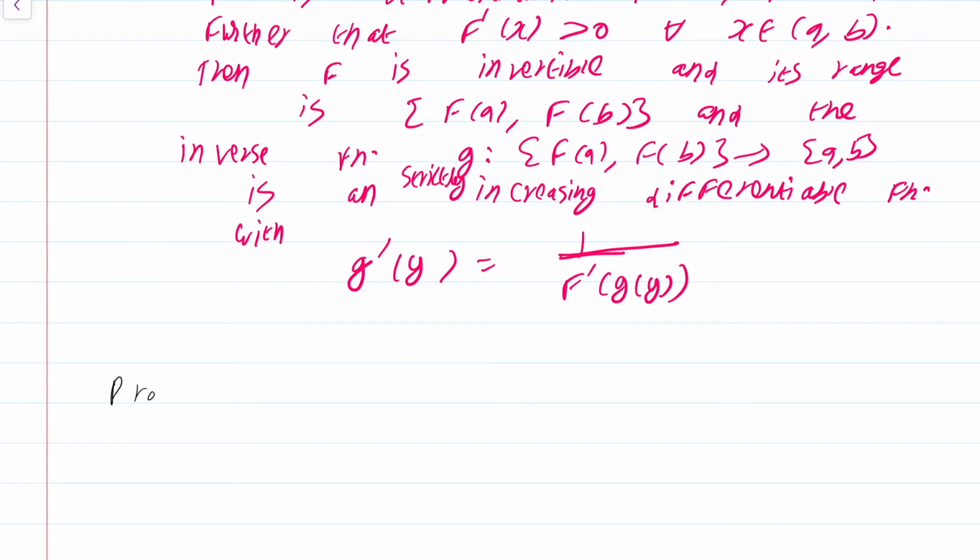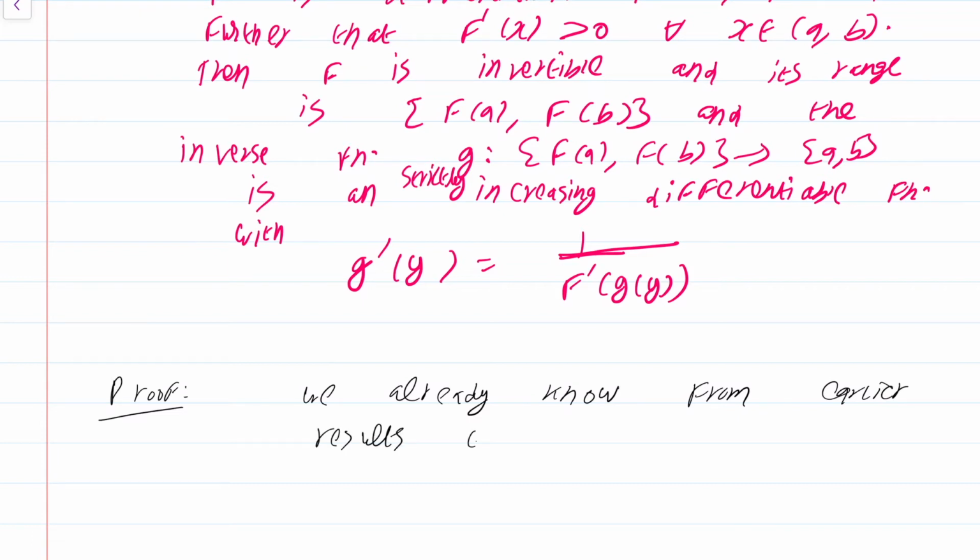Proof. We already know, please check the notes for precise references to the earlier results, we already know from earlier results that f is invertible and its inverse g is continuous.